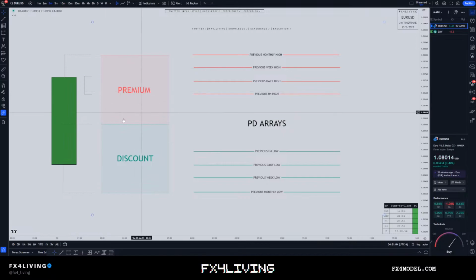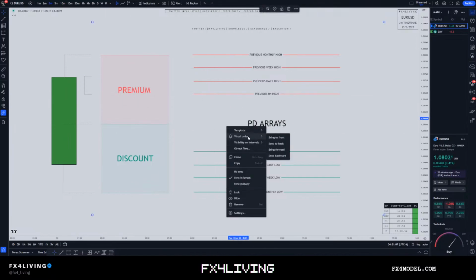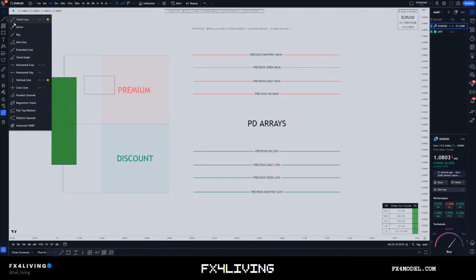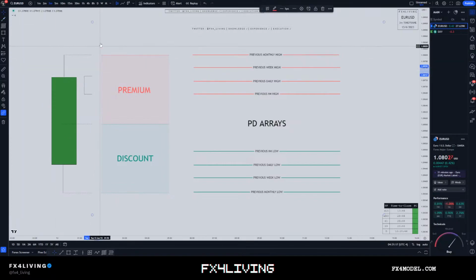The line on top here is a PD array, it's a premium array, and this is a discount array.